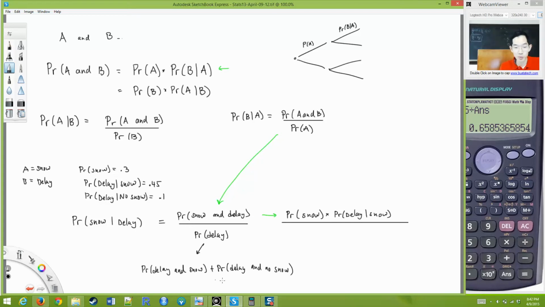So this was 0.135 and this was 0.07, and so we get 0.205. So we have 0.135 over 0.205 as well, this way, just working with the equations alone.